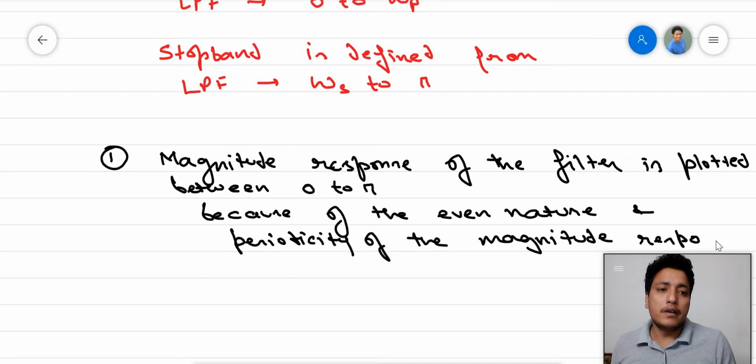All the equivalent information can be obtained if we plot a magnitude response from 0 to pi.